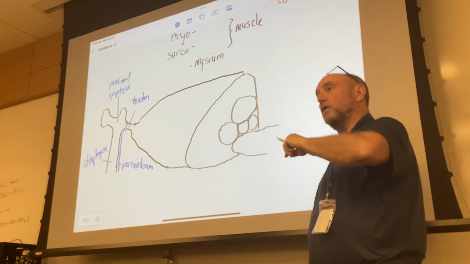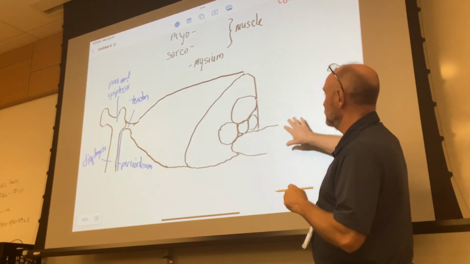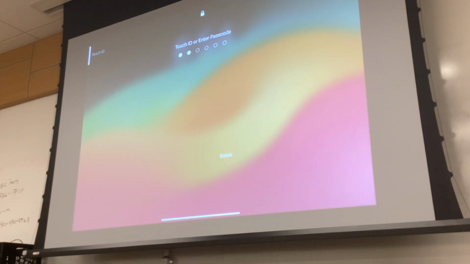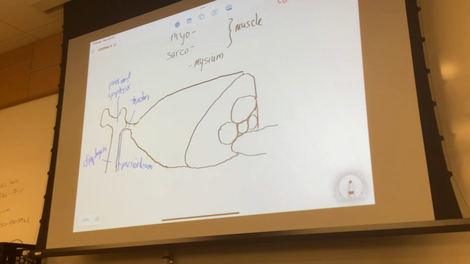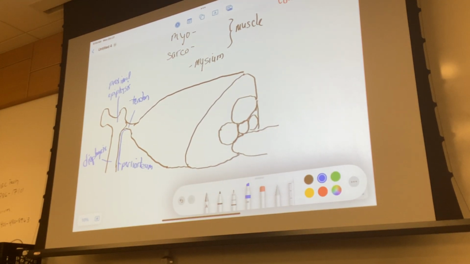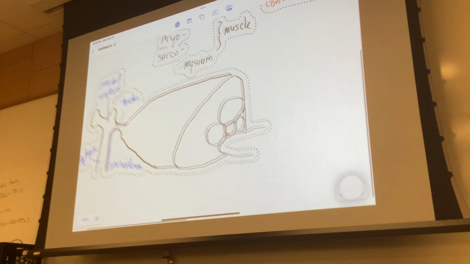So these successively smaller and smaller parts of the muscle are what I'm trying to draw here. These individual ones are labeled something. First of all, this is the entire muscle.